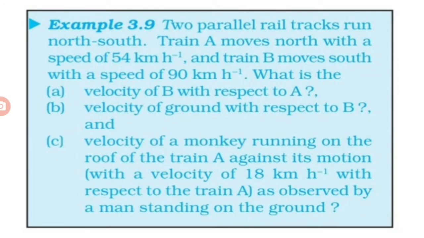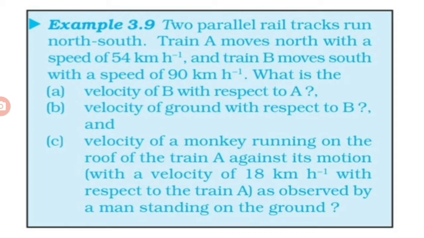Now a question from the textbook. Two parallel rail tracks run north-south. Train A moves north with a speed of 54 km per hour and train B moves south with a speed of 90 km per hour. What is the velocity of B with respect to A?